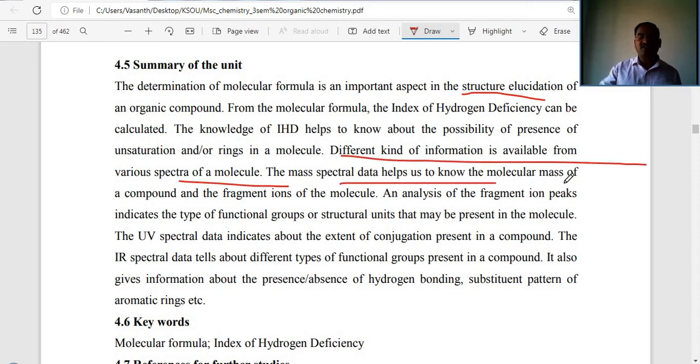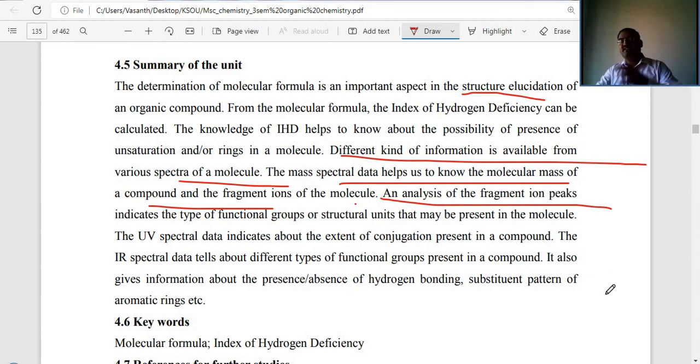The mass spectral data helps us to know the molecular mass of a compound and the fragment ions of a molecule. An analysis of the fragment ions indicates the type of functional groups or structural units that may be present in the molecule.